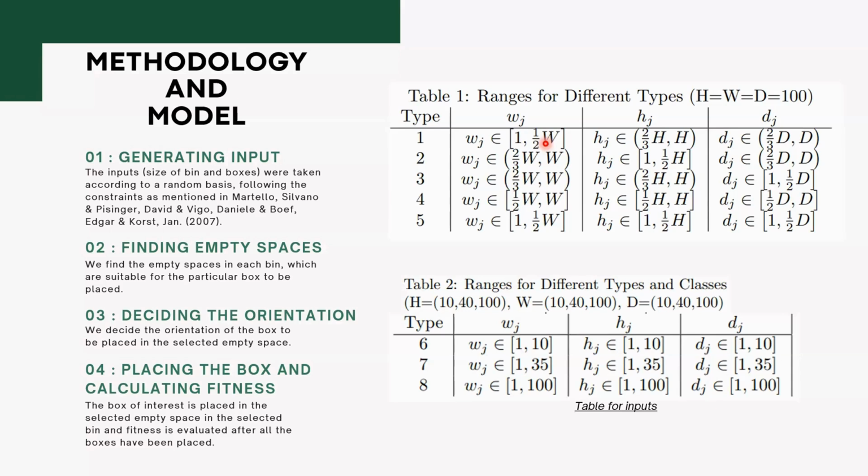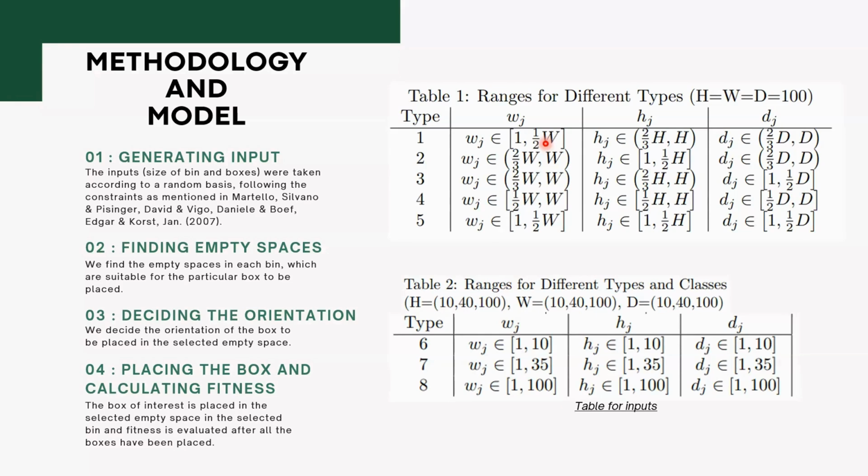It basically fixes the size of the bin, all the three dimensions of the bins, and it generates random numbers for the sizes of the boxes within certain constraints. Both the tables mentioned here basically mention the constraints that I used to generate the input.